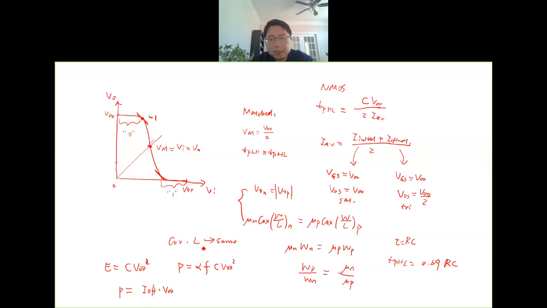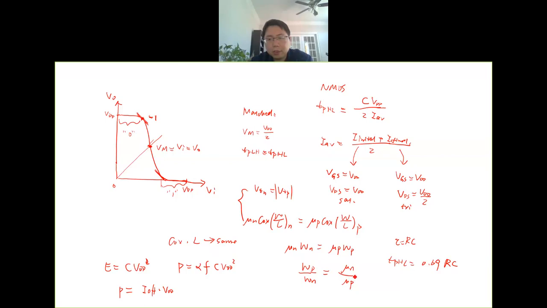And typically for the same technology process, the COX and the L are the same for the NMOS and PMOS. So essentially, you only need to keep mu n Wn equals mu p Wp, or in other words, Wp over Wn equals mu n over mu p.